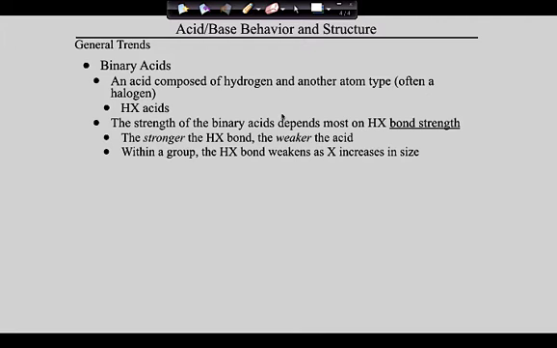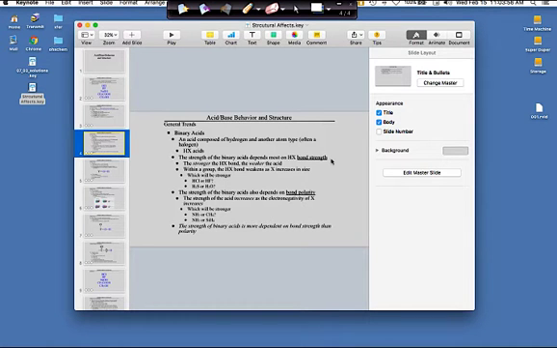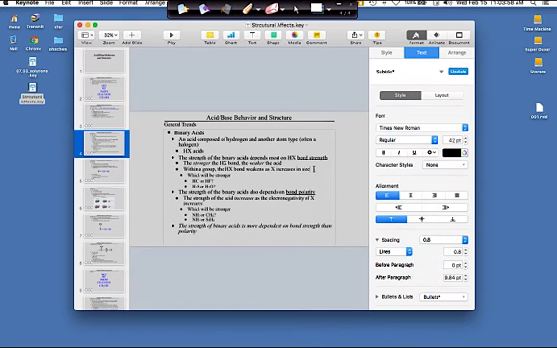Would it be helpful if we added making a stronger acid? Good heavens, I can't type.